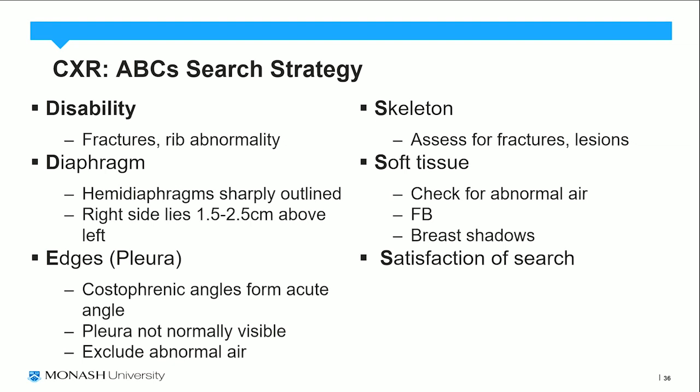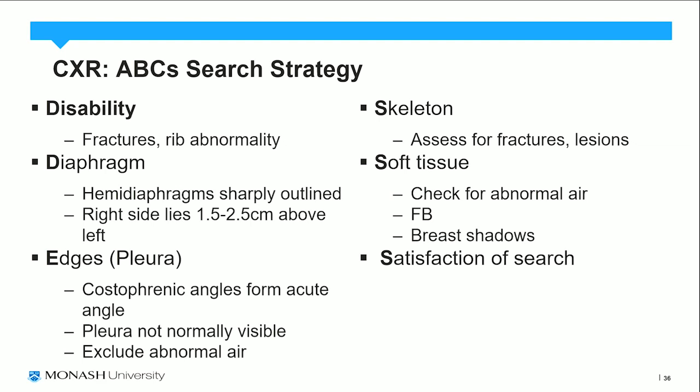Normally you don't see the pleura, you will only see that if there is abnormal air or fluid within the pleura. And then whatever bony structures are visible, look at any evidence of fractures if the patient has been in an accident, and then other types of lesions such as appearances of metastatic disease.